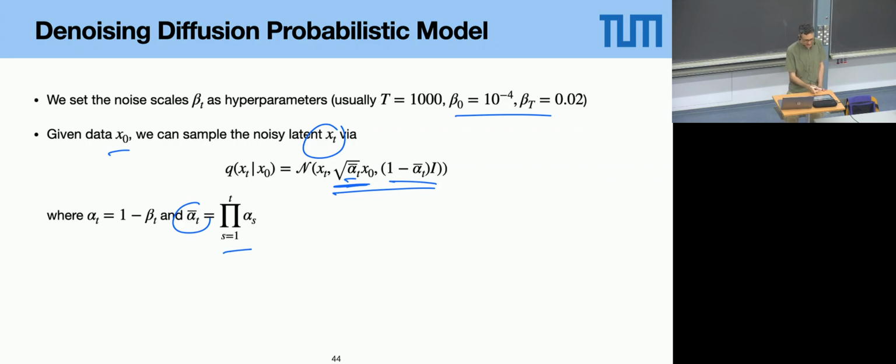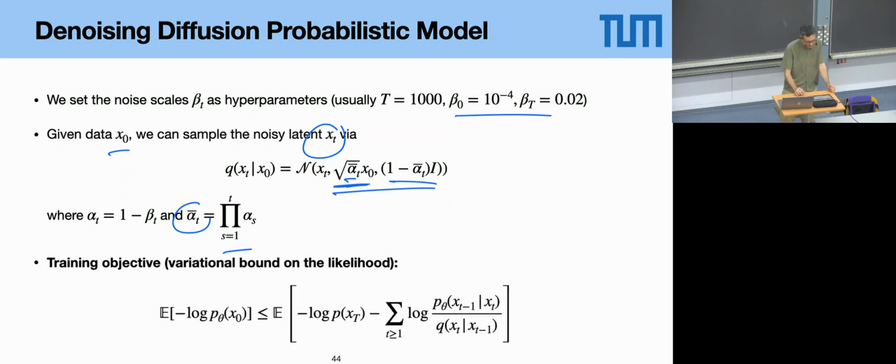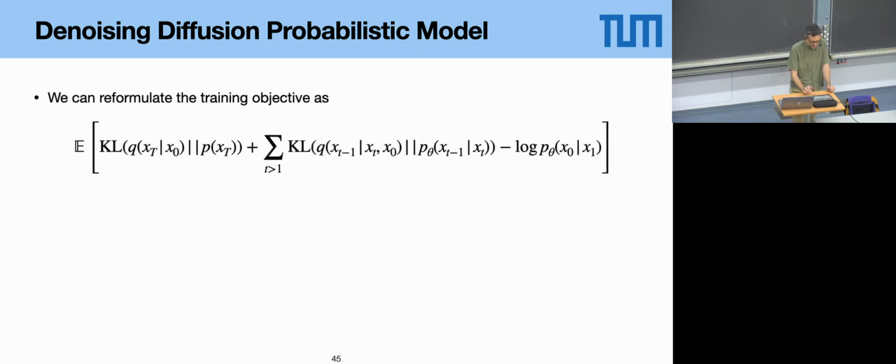So given these samples, we can now also perform training quite easily by looking at the formal bound on the log likelihood again. At first this looks a bit complicated, but it's actually quite easy to train in practice. If we reformulate that, you can write it out as 3 terms.